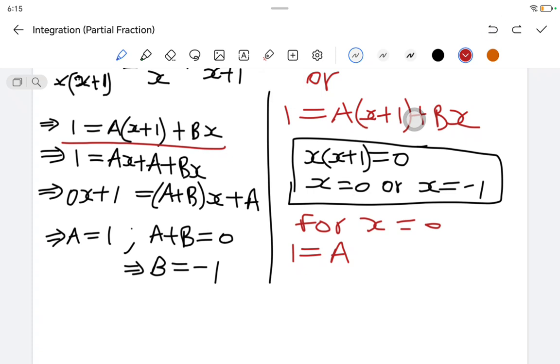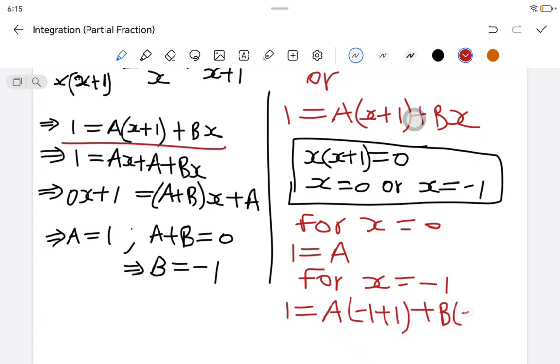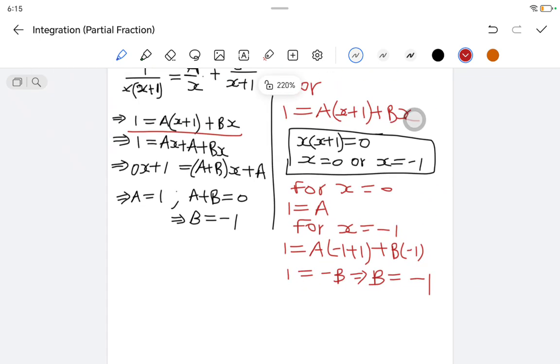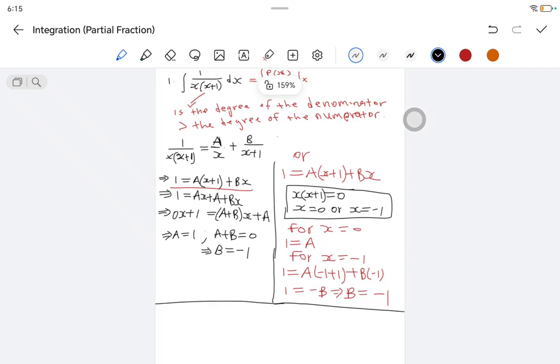And for x equals minus 1, I'll have 1 equals a(minus 1 plus 1) plus b(minus 1). This will go, so I'll be left with 1 equals minus b, which implies that b is equal to minus 1. Both methods are going to give you the correct solution. So it's up to you which one you use.